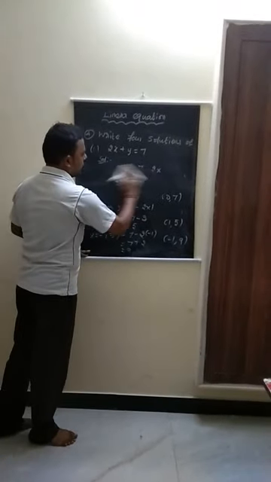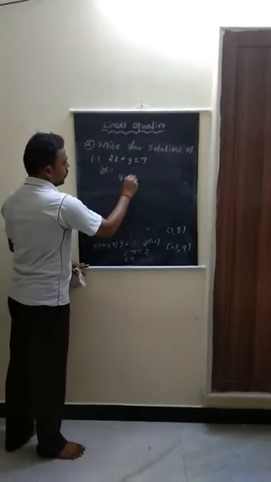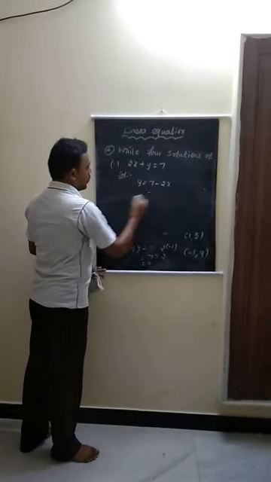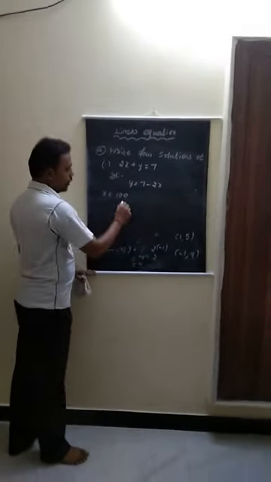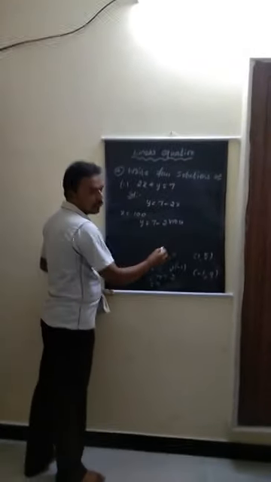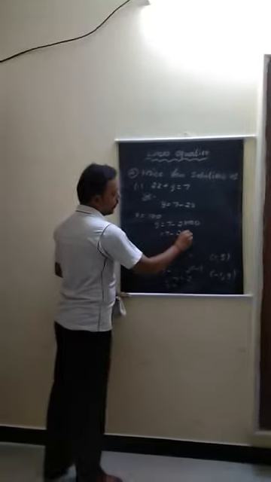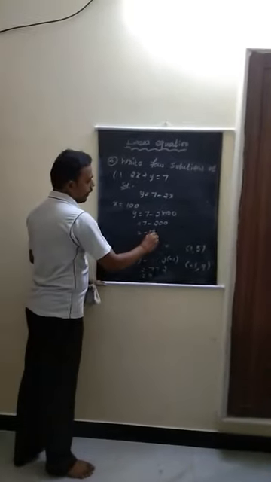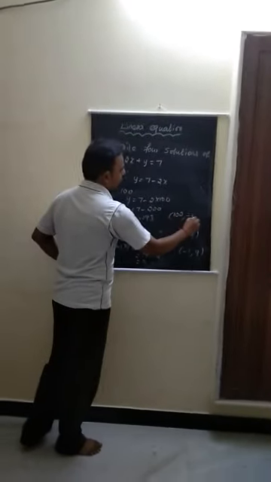Similarly, x is equal to 100. That is y equal to 7 minus 2 into 100. So 7 minus 200, so minus 193. So the answer is 100, minus 193.